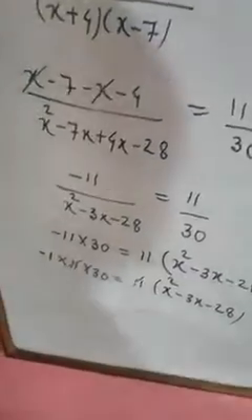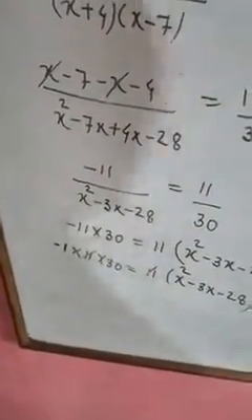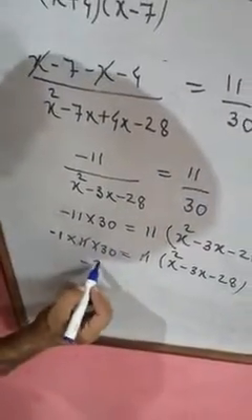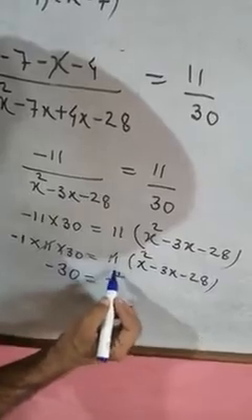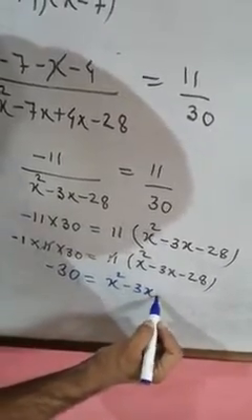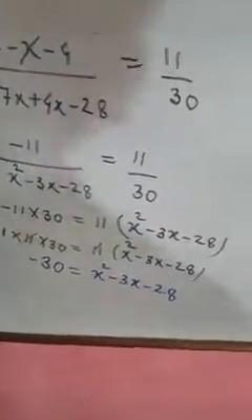So now what is left here? Minus 1 multiplied by 30, it will be minus 30, and this will be equal to x square minus 3x minus 28. Now this minus side we have to transpose to this side.